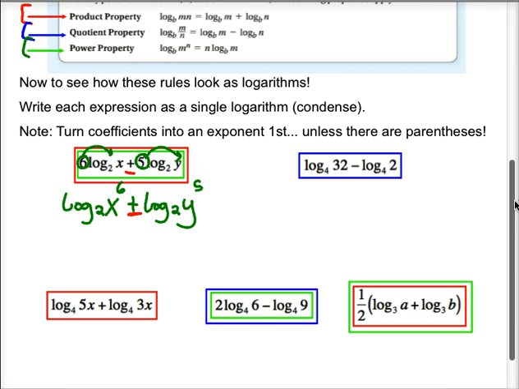So when I'm adding those two logarithms together, I can write this as a single logarithm by multiplying those pieces together. And this is going to be the condensed form of it. All right, so again, a little bit new, but I don't think it should be that tricky because you know all of these rules already.